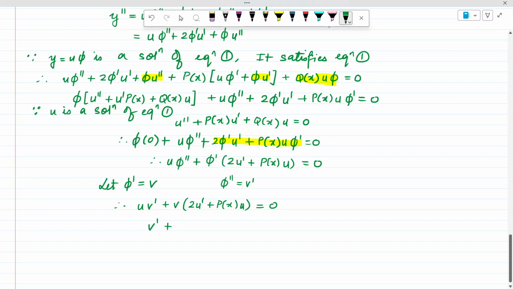So I'll have v dash plus v times 2u dash by u plus v times p of x, equal to 0.